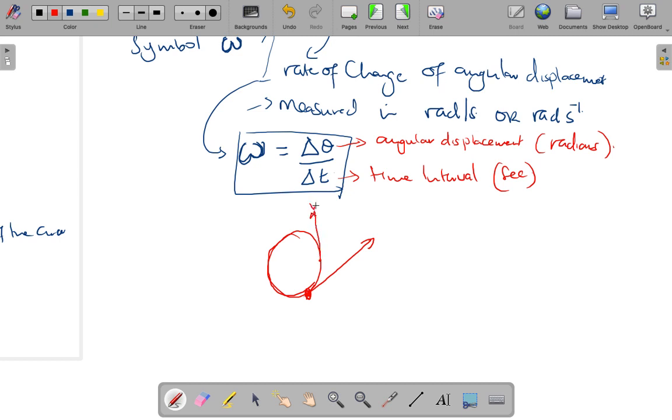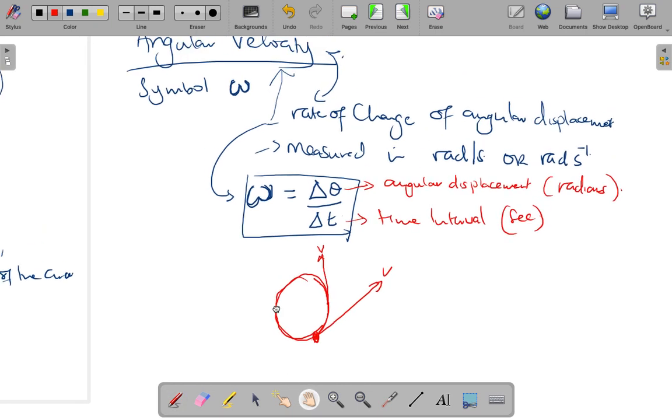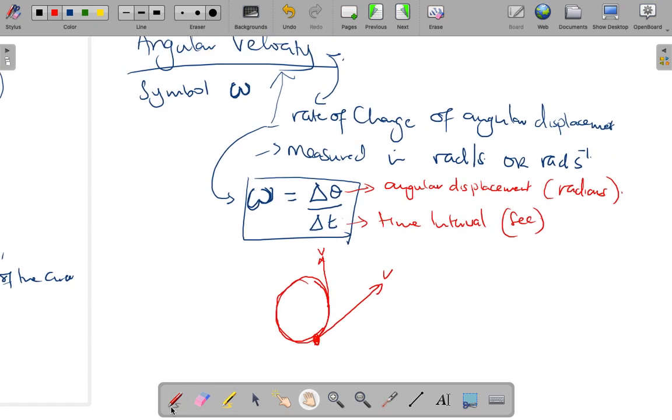So all these arrows are v's. So this is linear speed. But the speed along the circular path is what we call angular speed or angular velocity. Do you get the difference? So this is linear speed v, but there is also angular velocity omega.